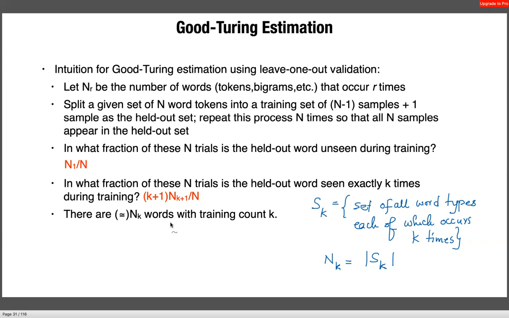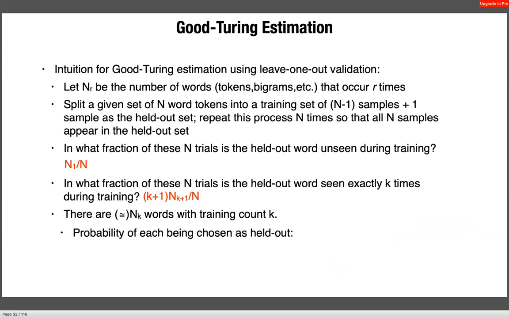Okay, all right. So we predict from the held out set that there are k plus 1 times nk plus 1 words that are seen exactly k times during training, right? So what is the probability of each of these words being chosen as a held out example?